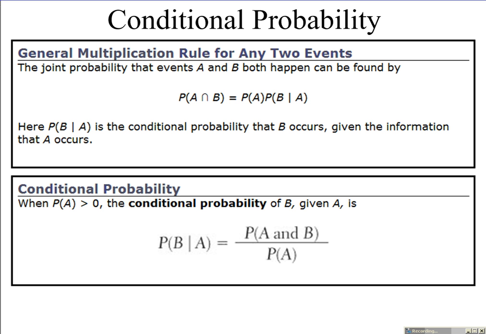The joint probability that events A and B both happen can be found by this formula. The probability of A and B is the probability of A happening times the probability of B given A. So likewise, we could say the probability of event B and A happening is the probability of event B happening times the probability of event A happening given B has already happened.